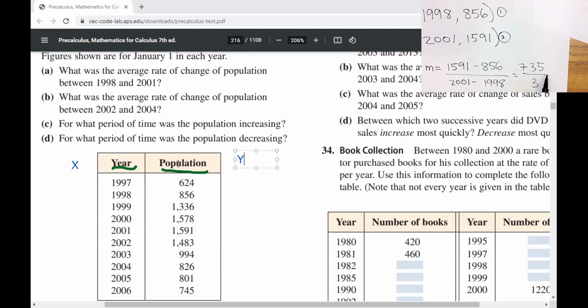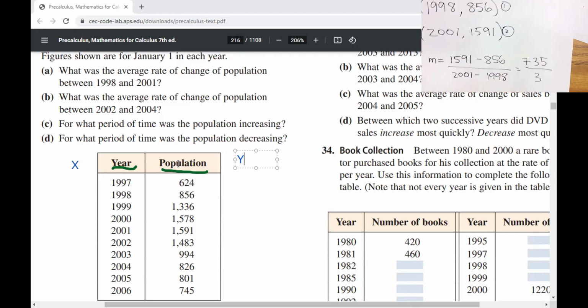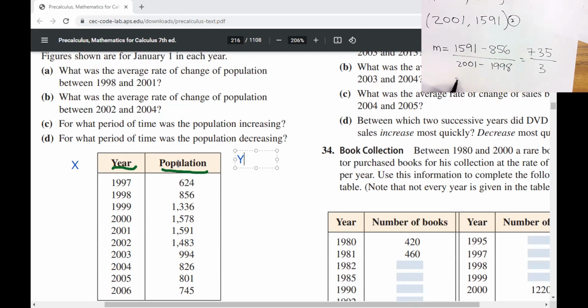I have no idea if 735 goes into 3, but we just got the divisibility rule. 7 plus 3 is 10. 10 plus 5 is 15. 15 does go into 3, so this big number does go into 3. So if you just divide it out, that would be 245.